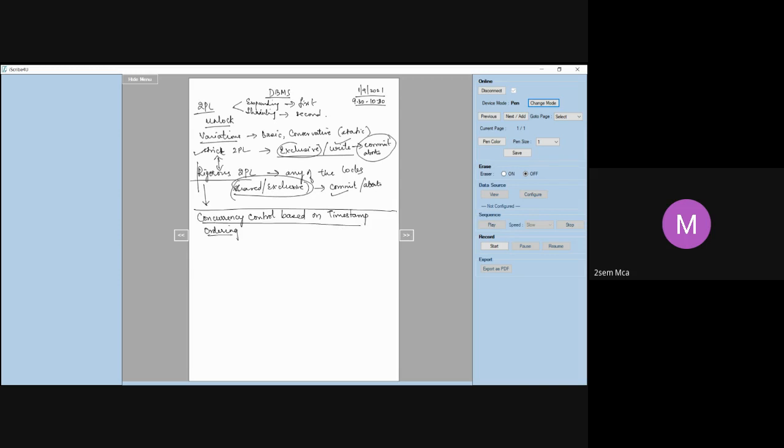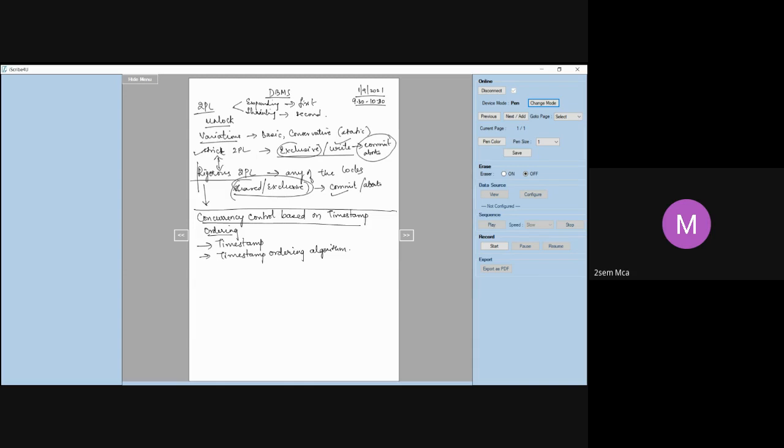Under this, we are going to first learn what is a timestamp, and then we are also going to learn the timestamp ordering algorithm. So these are the 2 concepts that we are going to learn: concurrency control based on timestamp ordering.